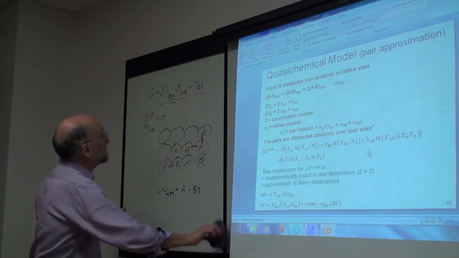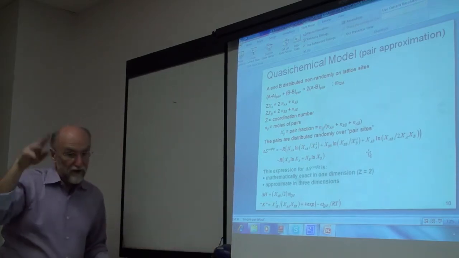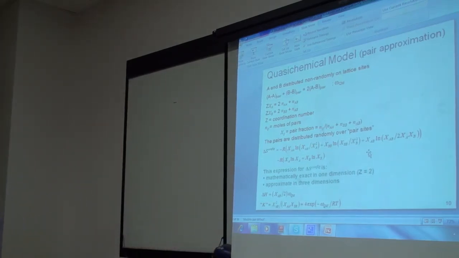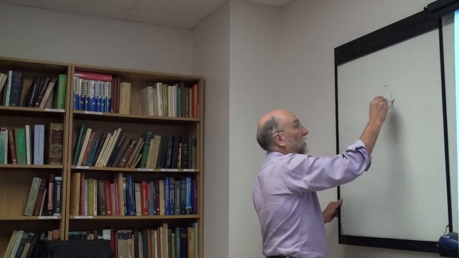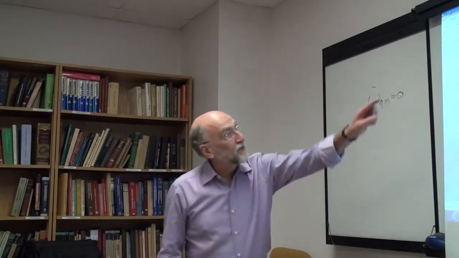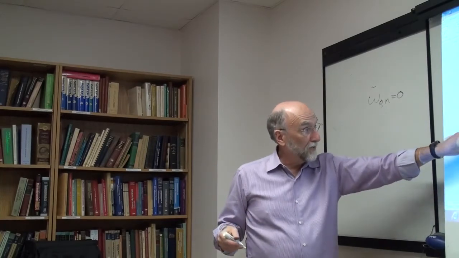Remember the problem I just said that you have for the associate model is that when your delta G naught for forming the associates is 0, this thing does not reduce to the ideal solution. The only way to get an ideal solution is to send your omega equal to infinity. Okay, but let's assume here now that omega quasi-chemical equals 0. If I set this omega quasi-chemical equal to 0, then I think you can see that you're going to have an ideal mixture, a random mixture.